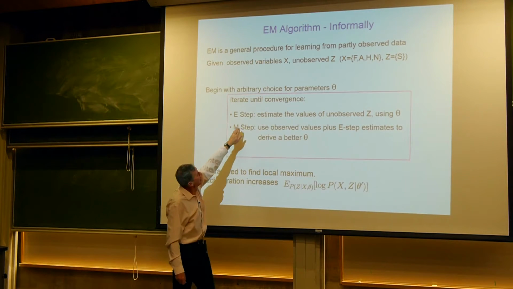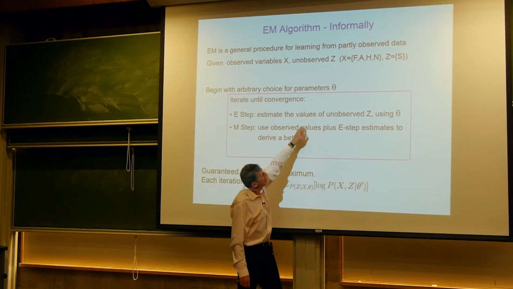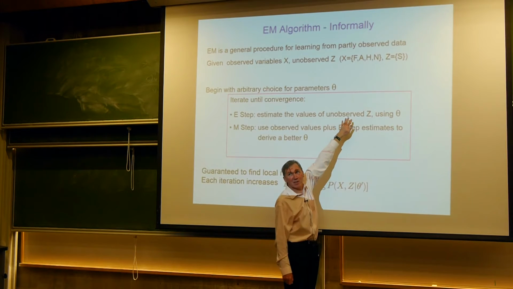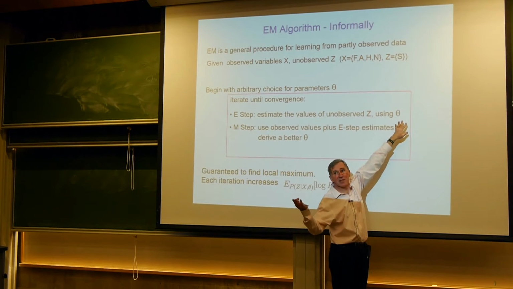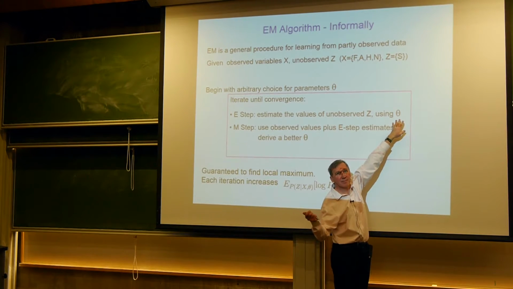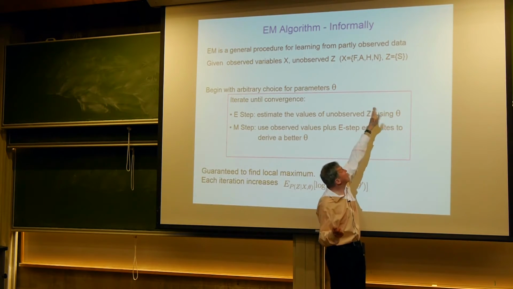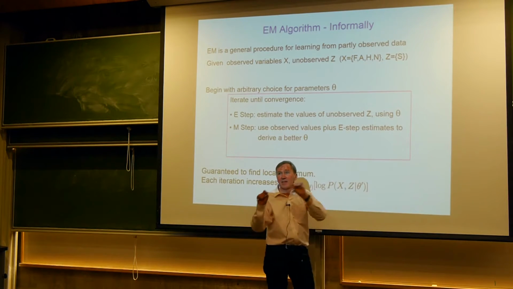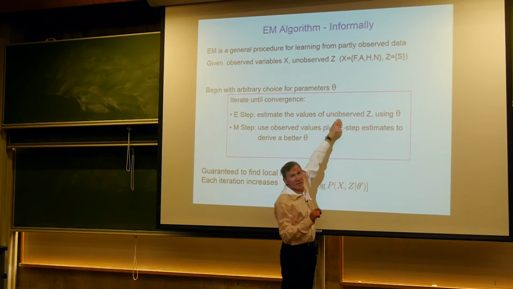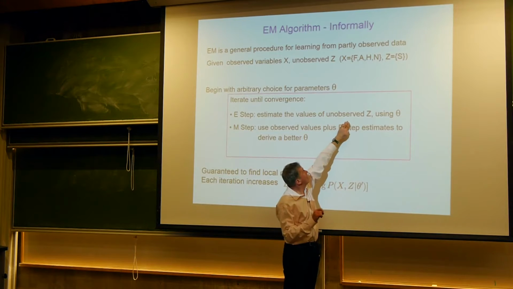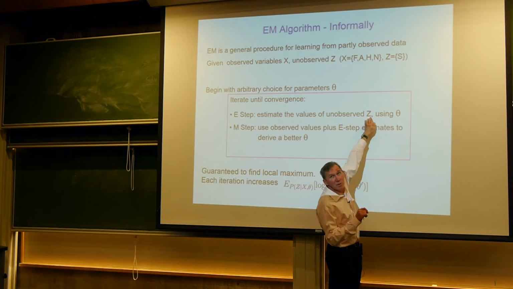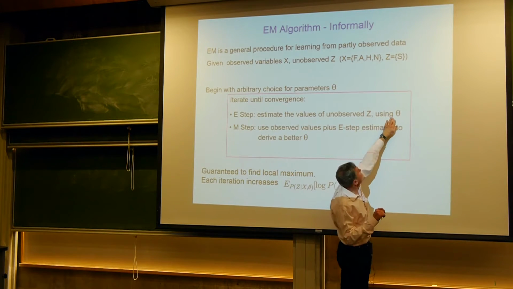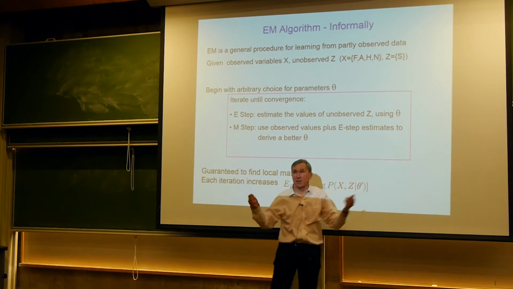On the E step, we estimate the values of the unobserved variables using our current theta, even though initially we just made it up. And of course, using the observed values. So we go through each patient in our training set, and we estimate the probability that they do or don't have s equals 1, whether it's s equals 1 or s equals 0, using our current theta plus the other observed features of that patient.